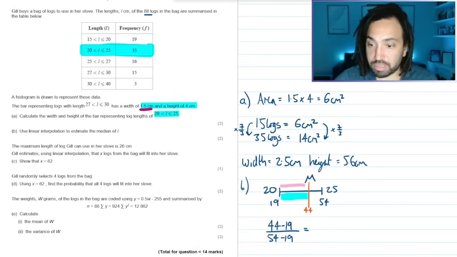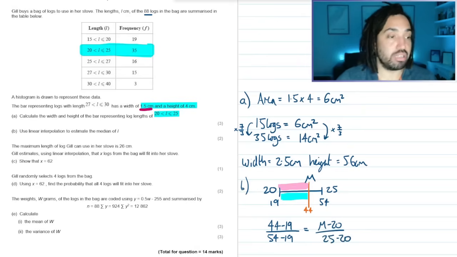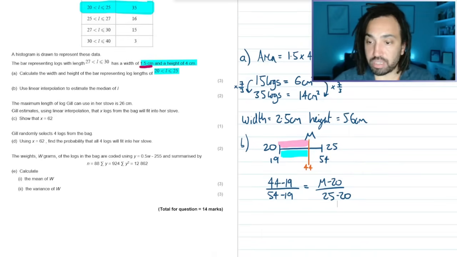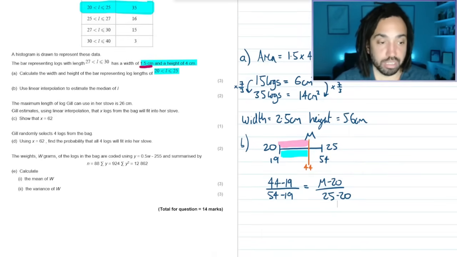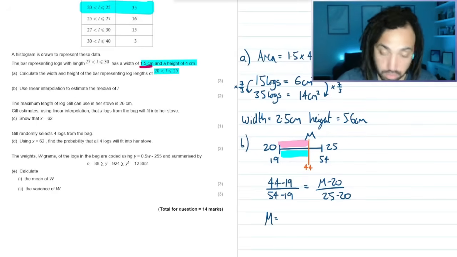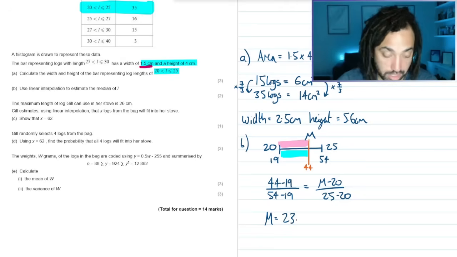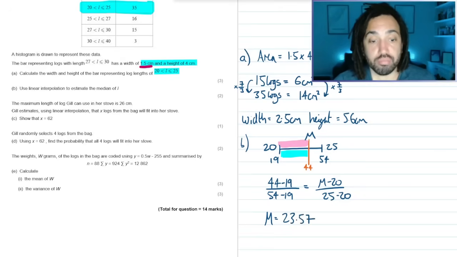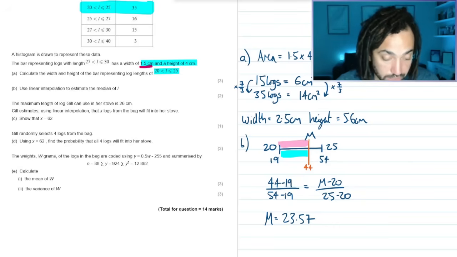The gap between the median and 20 as a fraction of the whole width should be the same. So 25 minus 20. So that's the formula that I set up. And then it's all about solving that for m. When I solve that for m, I get a value of 23.57. Okay, perfect.